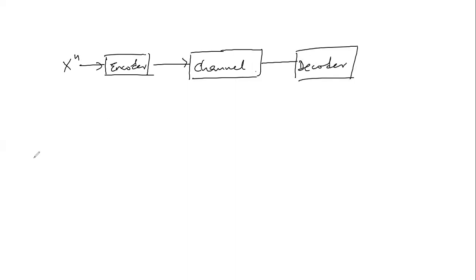Recall that we said the code word has a block length of n, right? So the encoder output, let's correct this. Let's just take this off for the sake of convention.